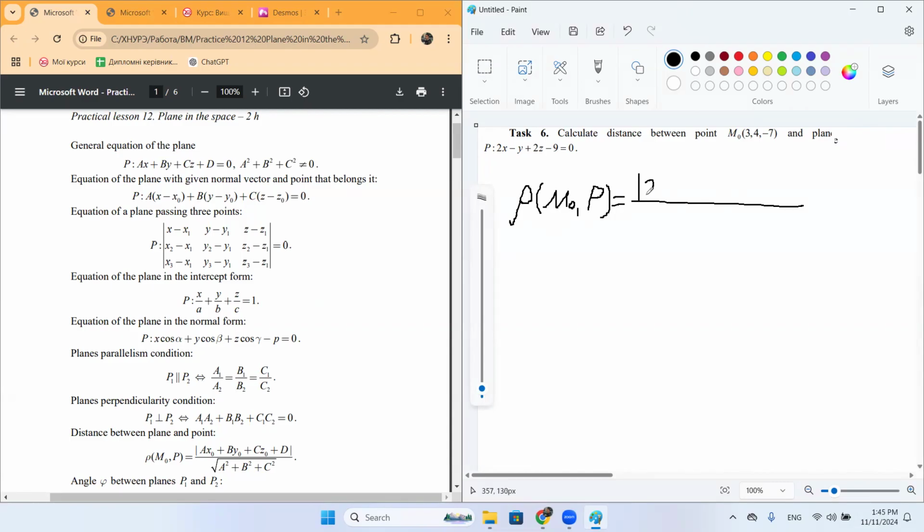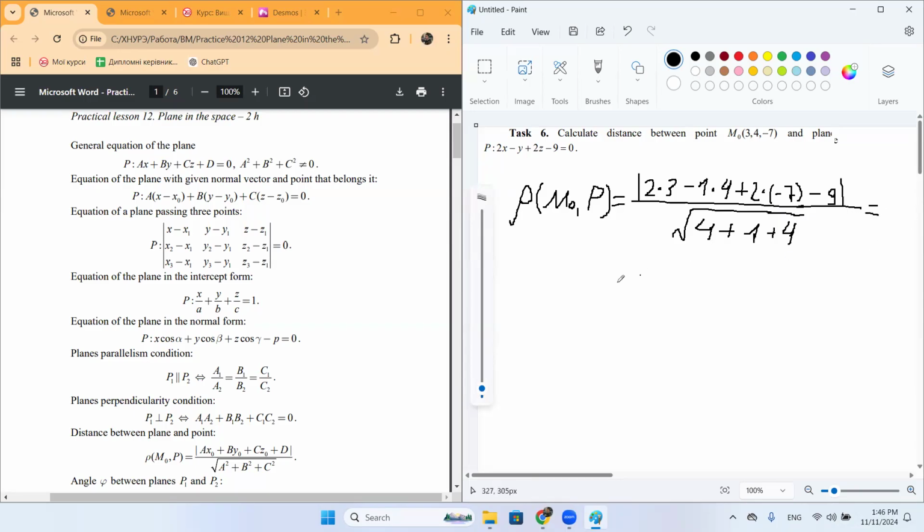So 2 by 3 minus 1 by 4 plus 2 by minus 7 minus 9, divided by the magnitude of the normal vector. So the square root of 4 plus 1 plus 4, by the way, nice.